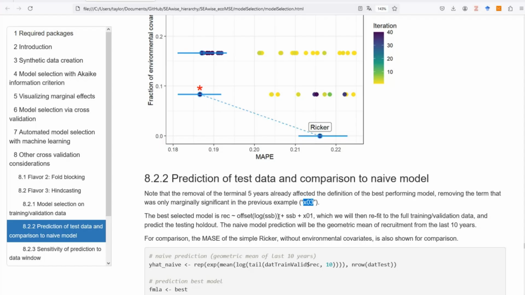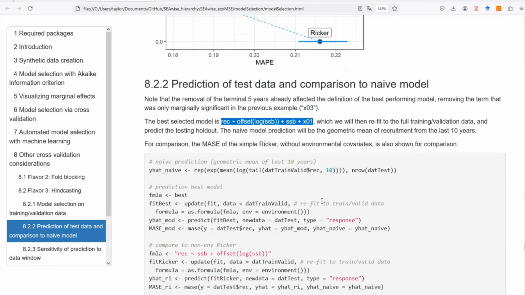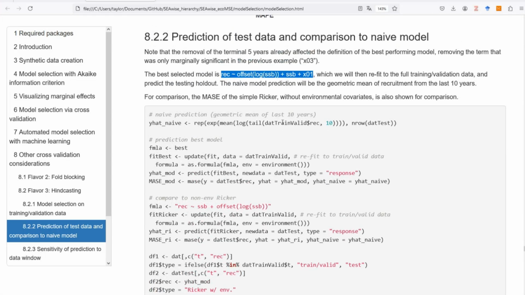Okay, so now we've decided which model we're going to use for the testing, and that's what this next chunk is doing. I'm getting my naive prediction, which is the geometric mean of the last 10 years of the recruitment. So this is the last 10 years of the training and validation set.